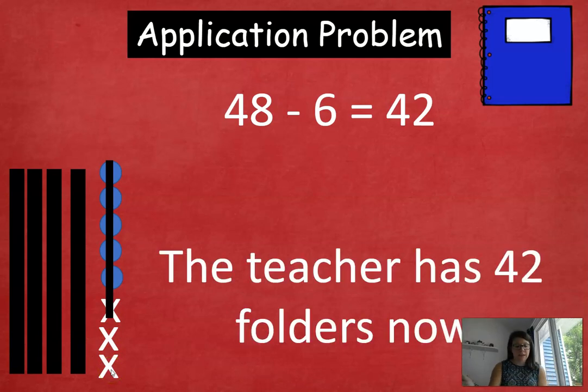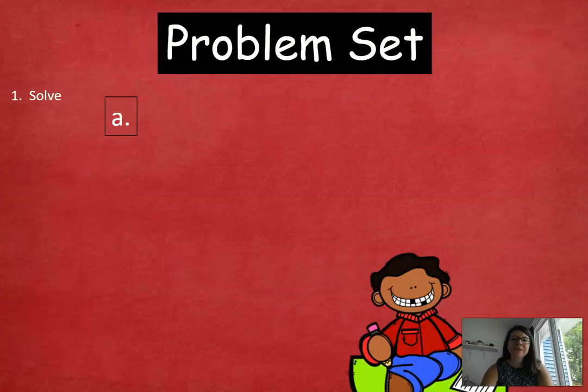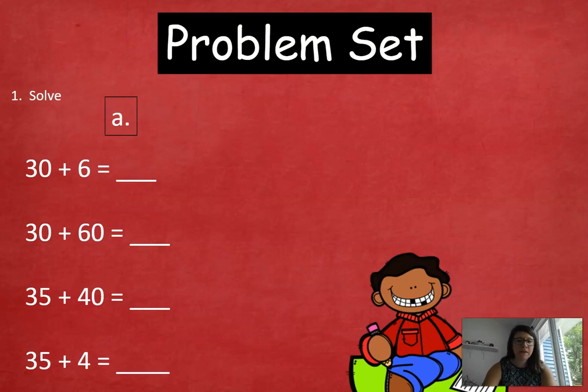Or we can decompose. If we decompose, we take 48, break it into 40 and 8. Then we subtract our like units. 8 minus 6 is 2. So we're going to take our leftover 40 plus 2 equals 42. Ta-da! Awesome.